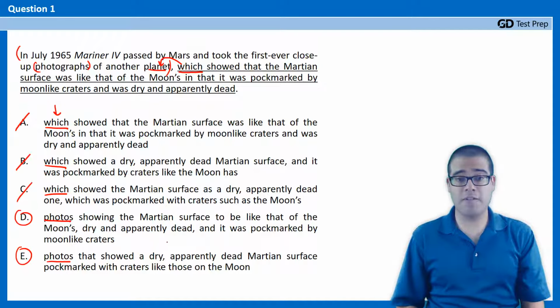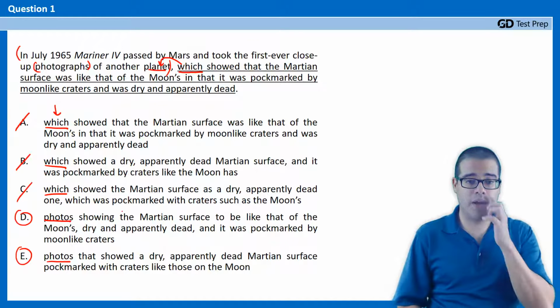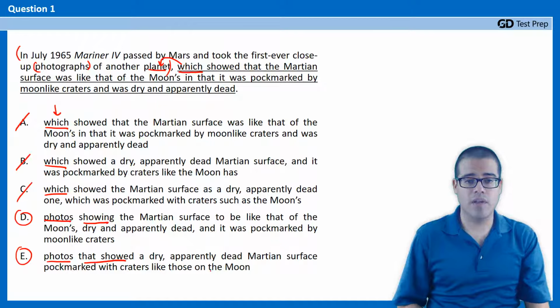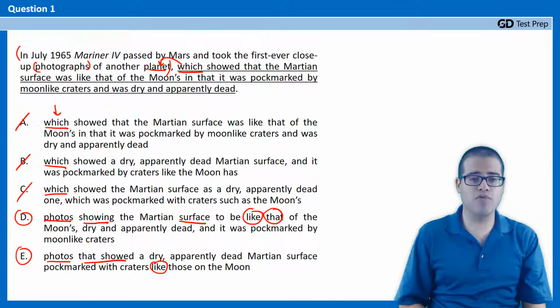And we have 2 options left. Between those 2, you can go for showing or that showed, but there is something more important in this question. Be careful with the comparison with like. Indeed, you are comparing the Martian surface to be like the surface of the moons, and that possessive is wrong.